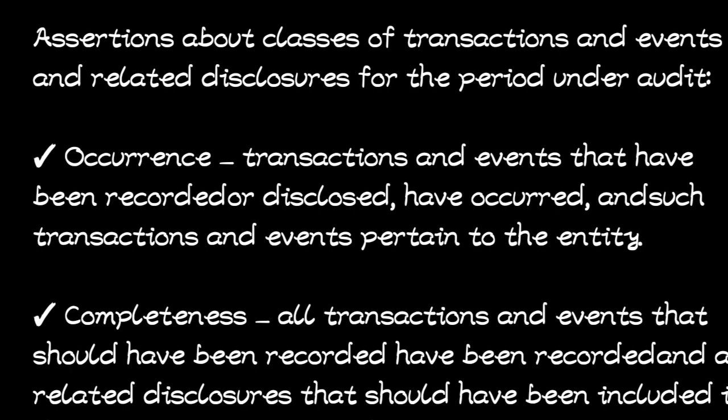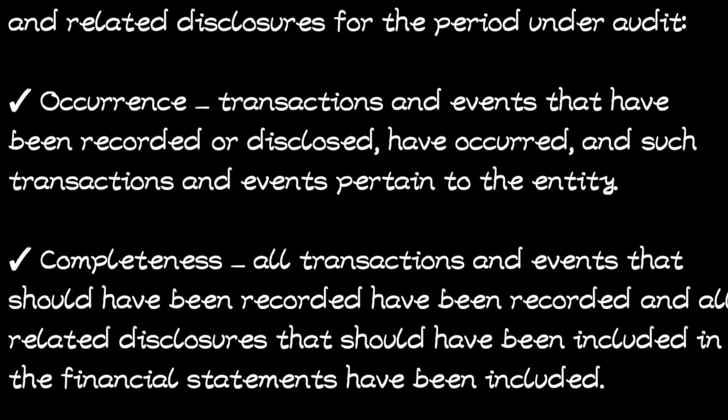Like in case sales were recorded, the auditor has to make sure that those sales occurred. In case purchases were recorded, the auditor has to make sure that that transaction took place. So occurrence is the first assertion.